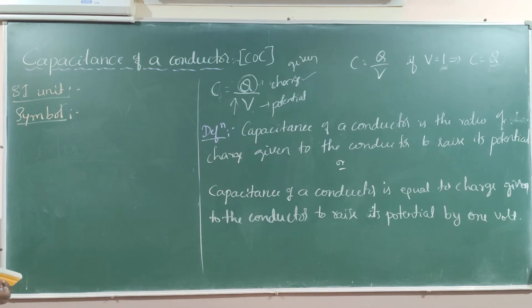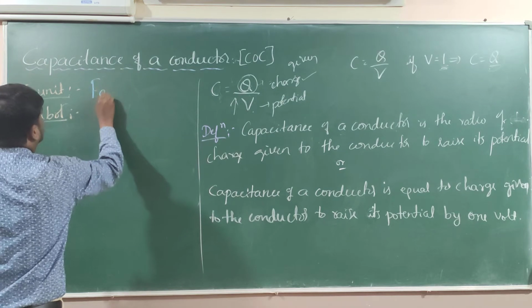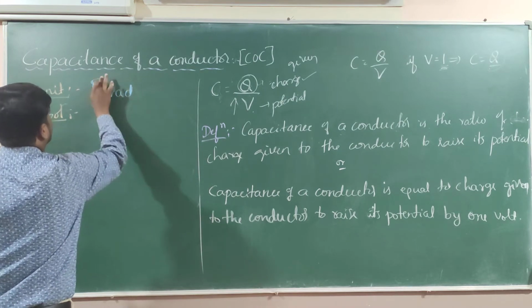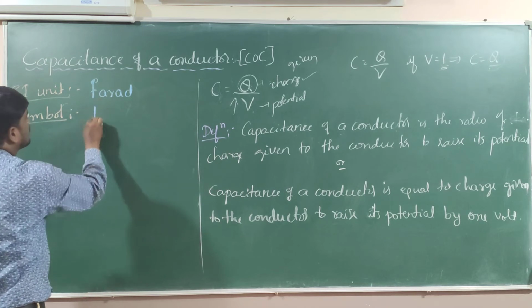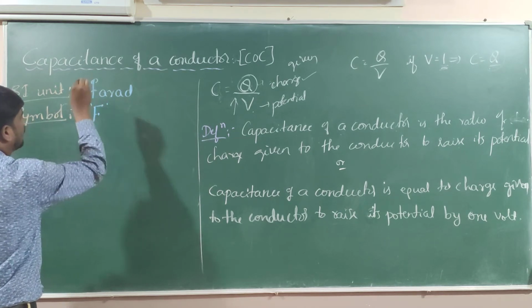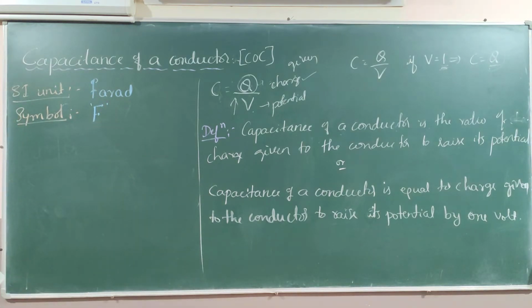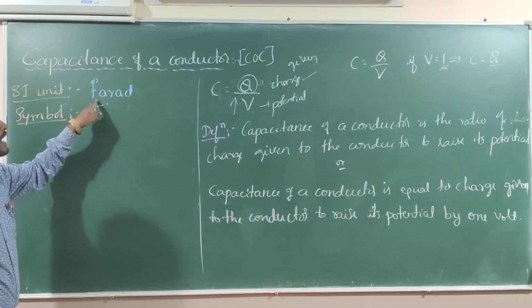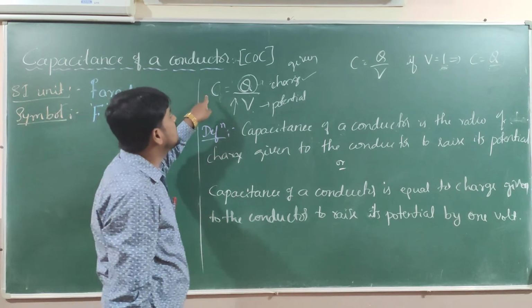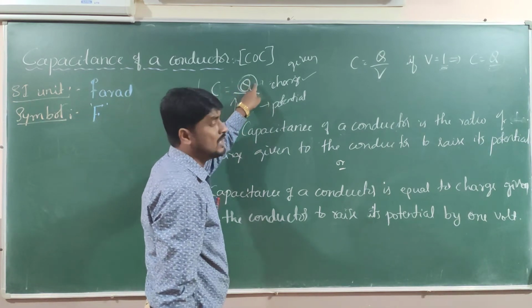The SI unit of capacitance is farad, small f, farad, and the symbol is capital F. Now we have to define 1 farad using the equation C is equal to Q by V.